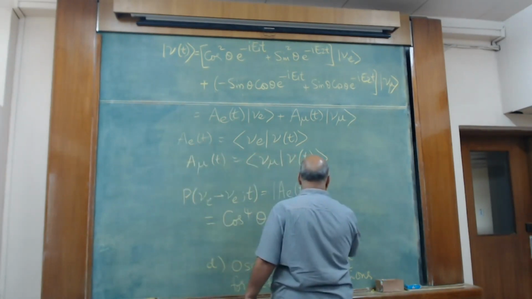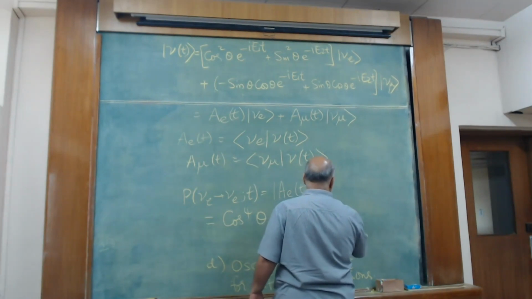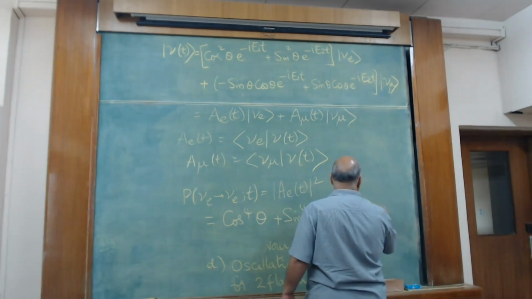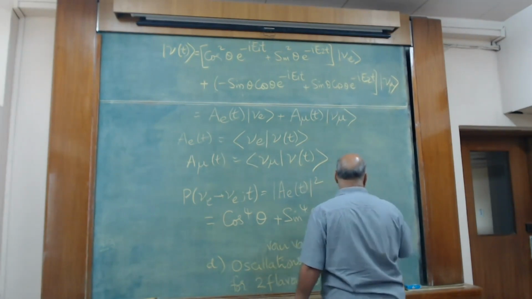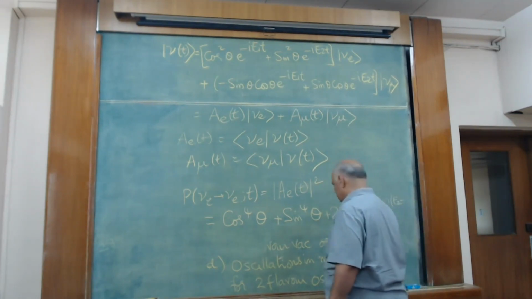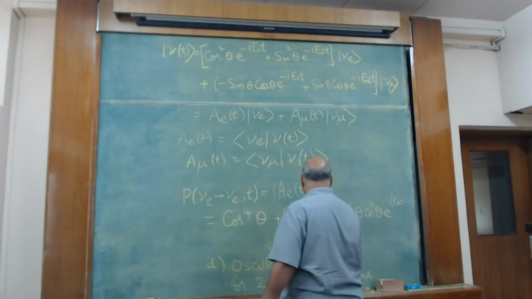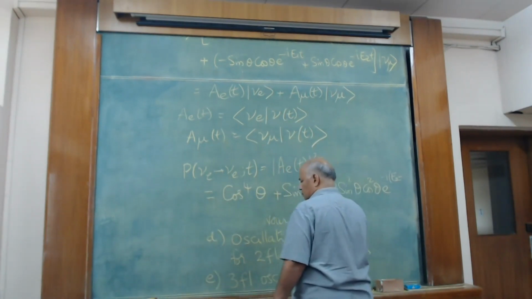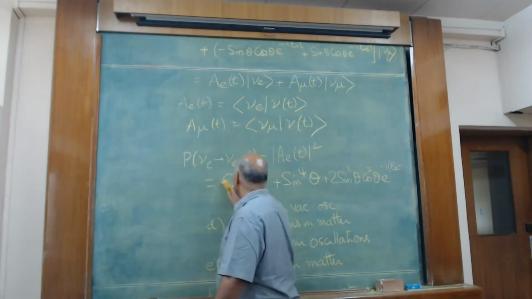So it is 2 sin square theta cos square theta e power minus i (E2 minus E1) times t.